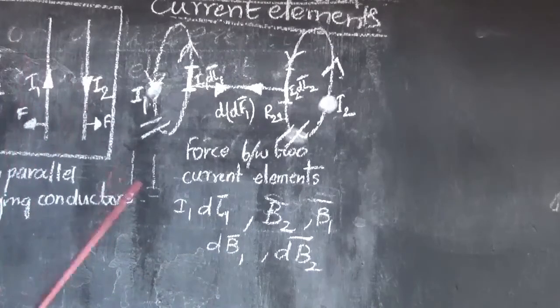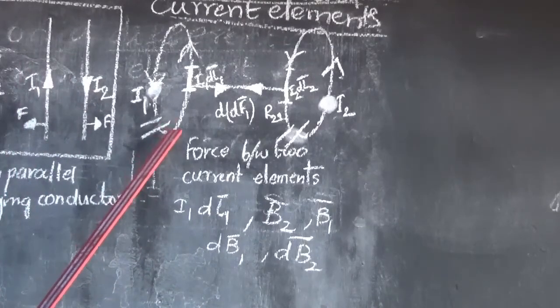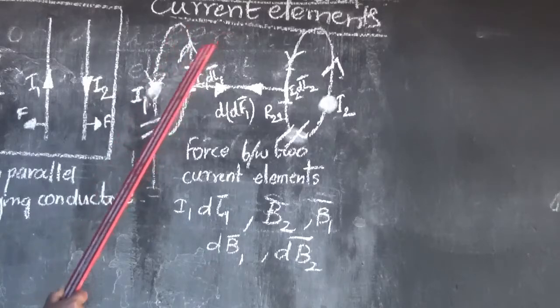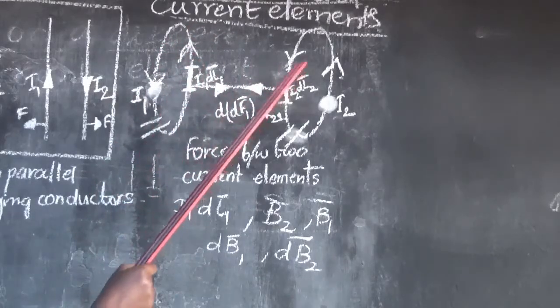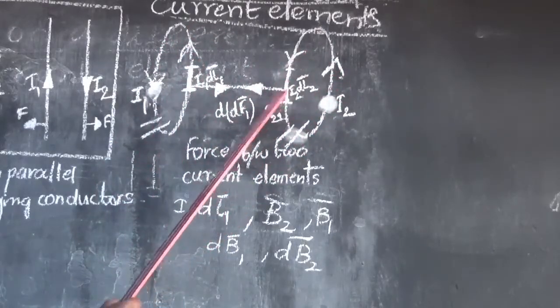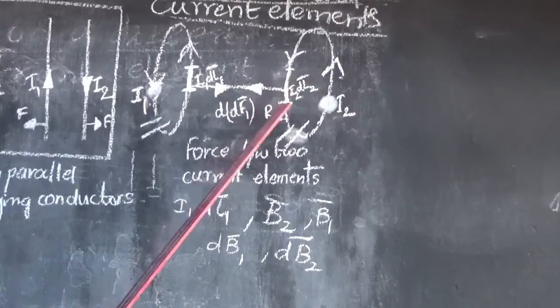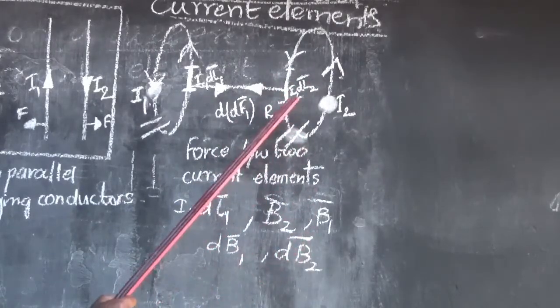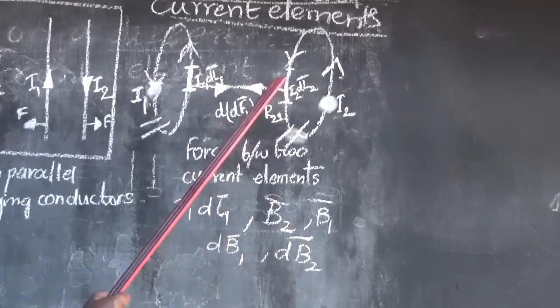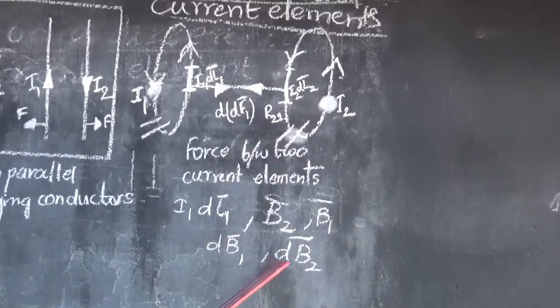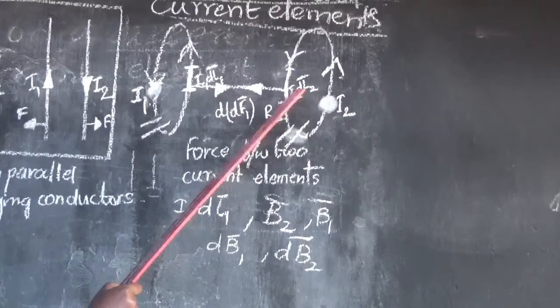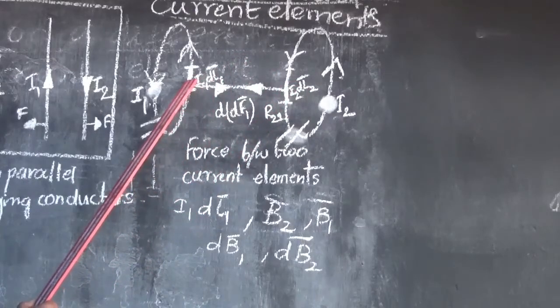In the previous class we studied that this current carrying conductor will produce a field, and that field is called B2 bar. At this point the field will be dB2 bar, a very small amount of field, and here also a very small amount of field will be produced.